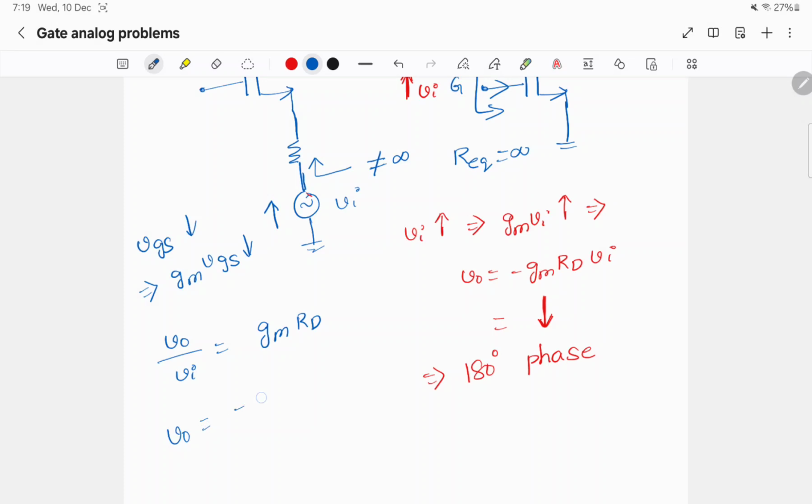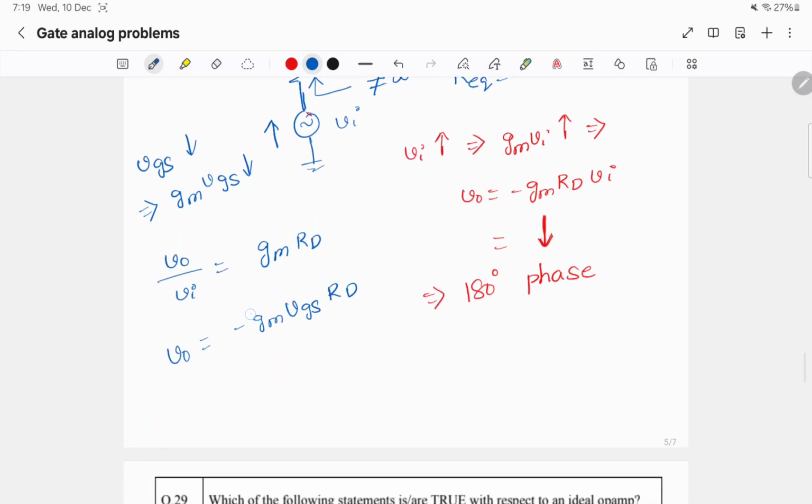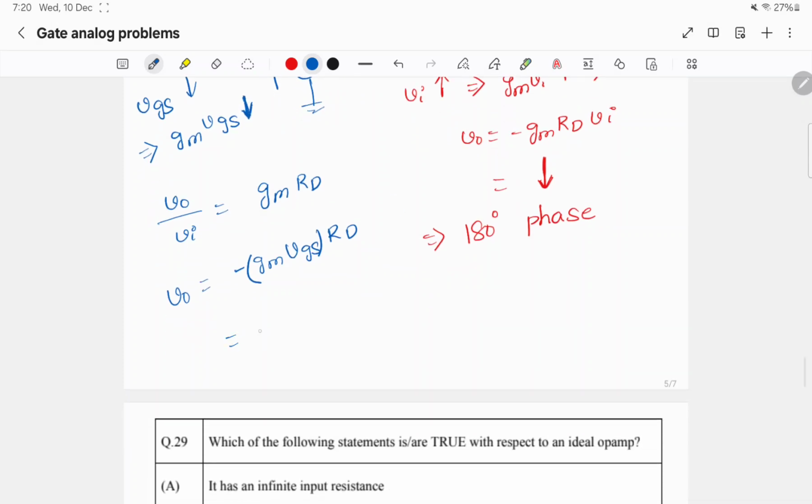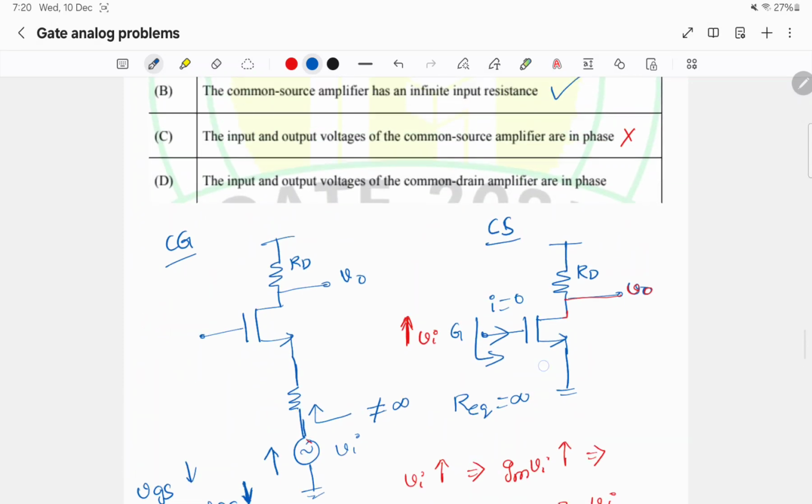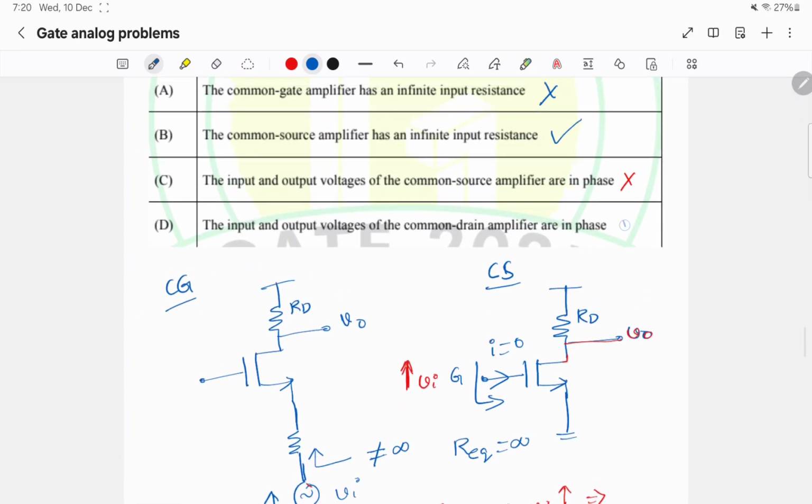Similarly, V0 is minus Gm VGS times Rd. This is already negative, and here we have a 180 degree shift, so the resultant will be positive. Gm Vi times Rd. Here VGS will be minus Vi. So V0 is in phase with Vi. So the last statement is true.